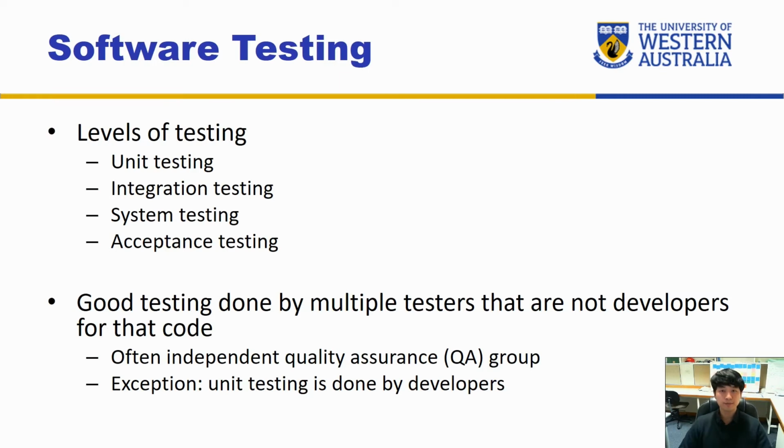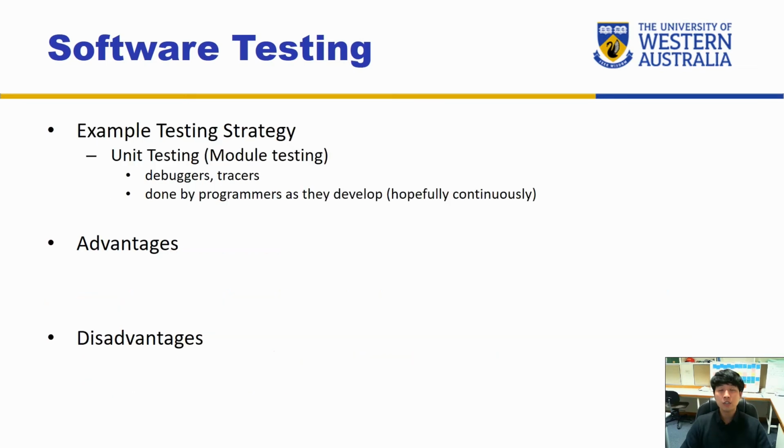Let's have a look at each level of testing. In unit testing, also called module testing, you test individual functionalities of the software that you're developing. This involves things like debuggers and tracers, and typically it's done by the programmers who are implementing that particular feature, ideally in a continuous fashion.